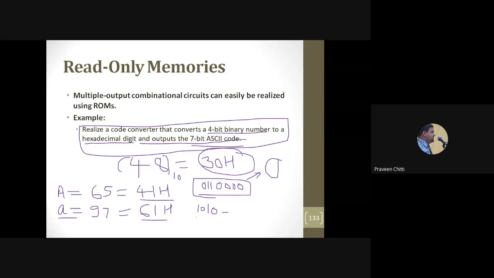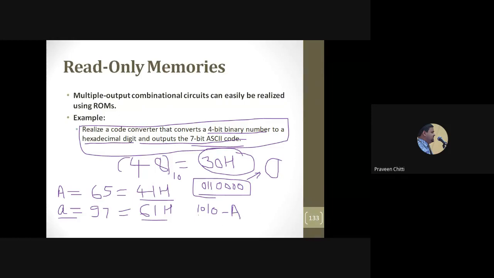In the example, the input is 1010. What does 1010 represent in hexadecimal? 1010 is 10. In hexadecimal, 10 means A.